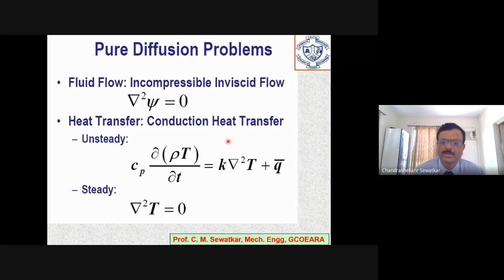Then K by rho Cp is nothing but my thermal diffusivity, and I can use that term here, and of course Q bar is there. So these are my equations for the pure heat conduction problem, and our objective is to solve them. How to solve these equations using finite volume methodology is what we will try to understand in the present session.